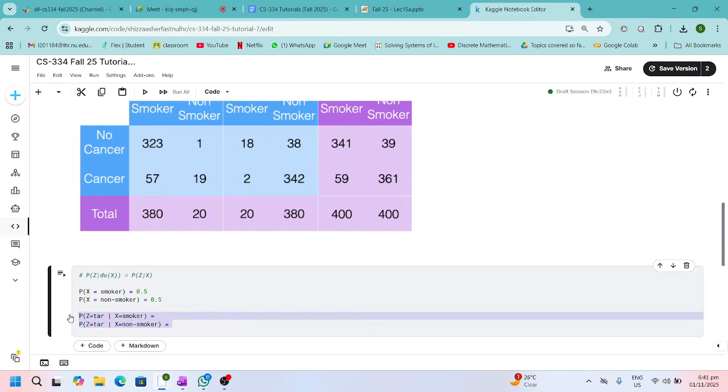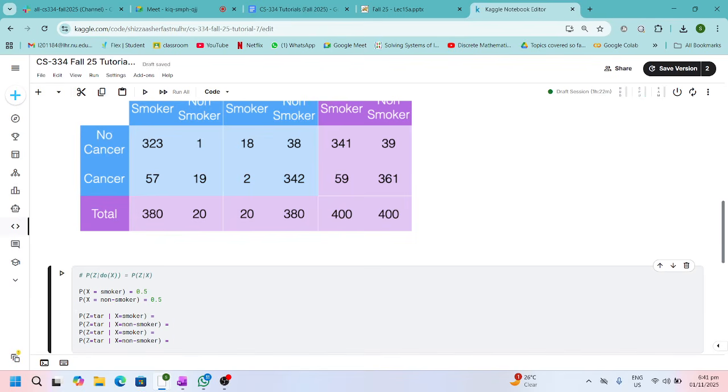And similarly, हम दो और values भी compute कर लेंगे. I will show you guys where we will use these. X equals no tar. So probability z equals no tar, my bad, and x equals smoker. इसको थोड़ा सा I'm spacing it out because it's getting a little bit cluttered.